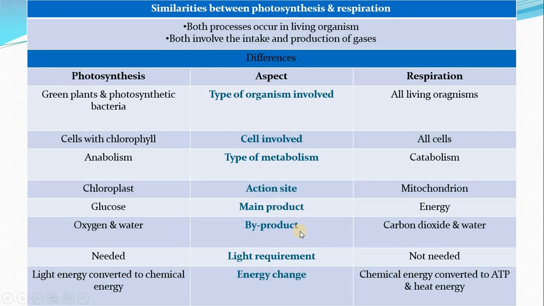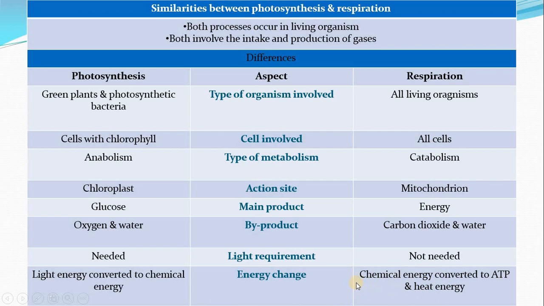Byproduct means side product. Light requirement: photosynthesis needs light, respiration does not need light. Energy change: in photosynthesis, light energy is converted to chemical energy, whereas in respiration, chemical energy is converted to ATP and heat energy.